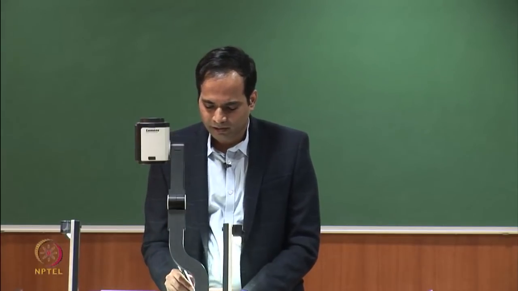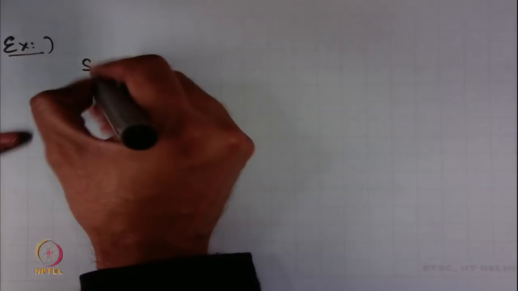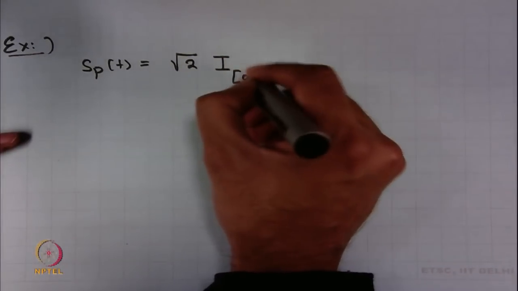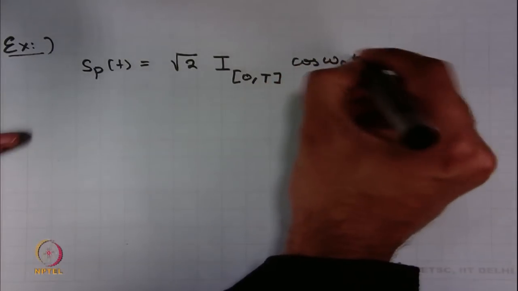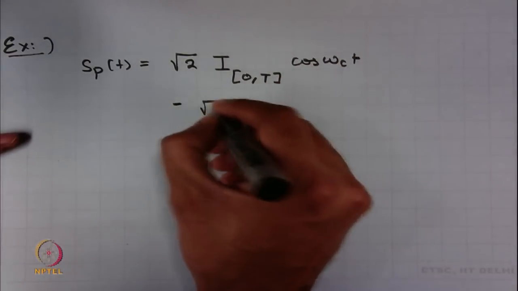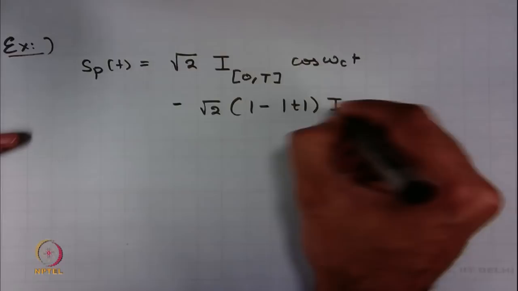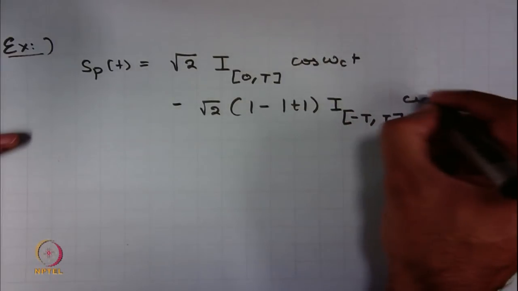Now, let us take one example. Let me take S_P(t) as root 2 times I_0T(t) cos omega_c t minus root 2 times (1 minus |t|/T) I_{-T,T}(t), going, let us say, from minus T to plus T, cos omega_c t.